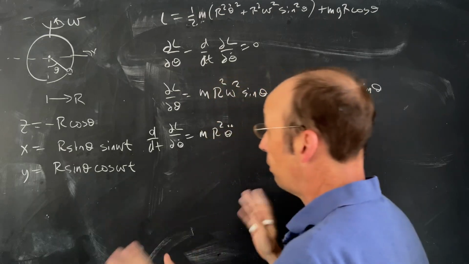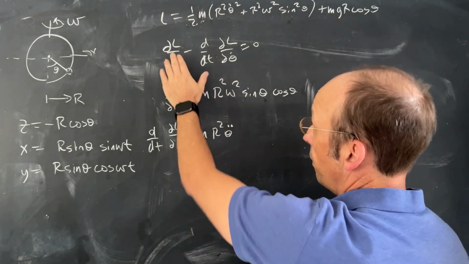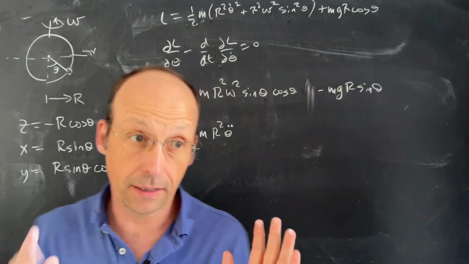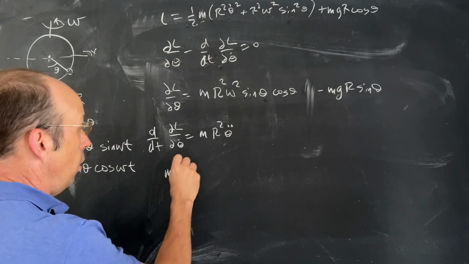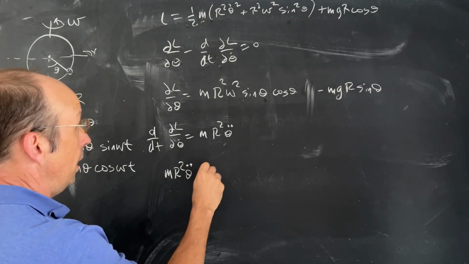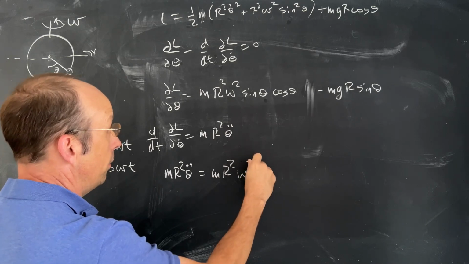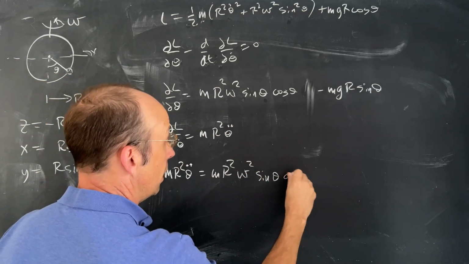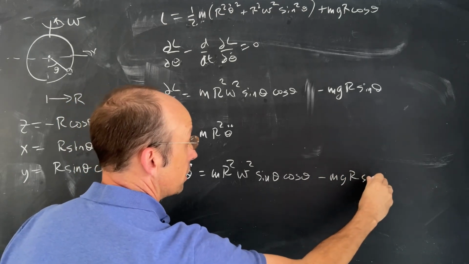Now I can put it all together, right? This minus this is equal to 0, so this is equal to this. That's it. So I can write m r squared theta double dot equals m r squared omega squared sine theta cosine theta minus m g r sine theta.